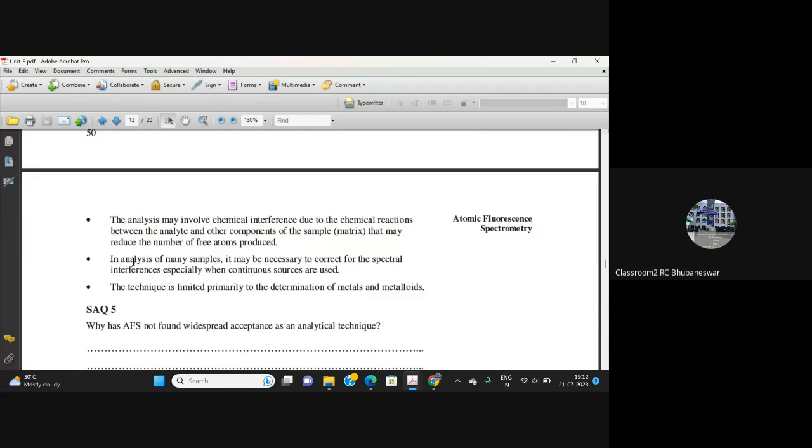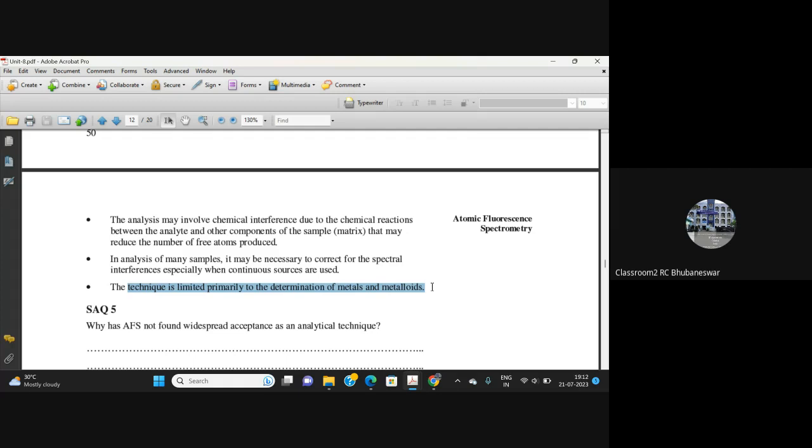In analysis of many samples, it may be necessary to correct for spectral interference, especially when continuous sources are used. The technique is limited primarily to detection of metals and metalloids. Understood? It is limited to metals and metalloids.